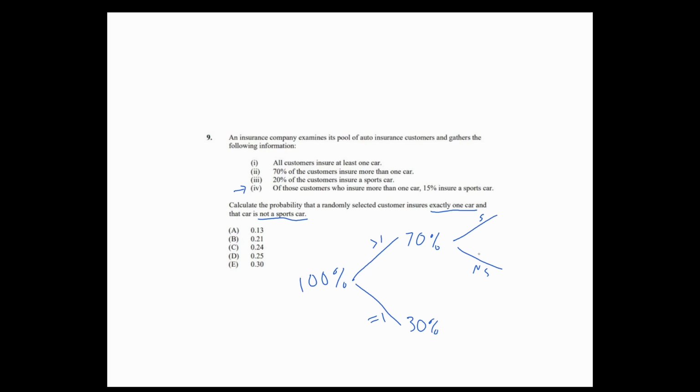We know that 15% of people that also insure more than one car insure a sports car. So this top branch is simply 15% times 70%, which is 10.5%.